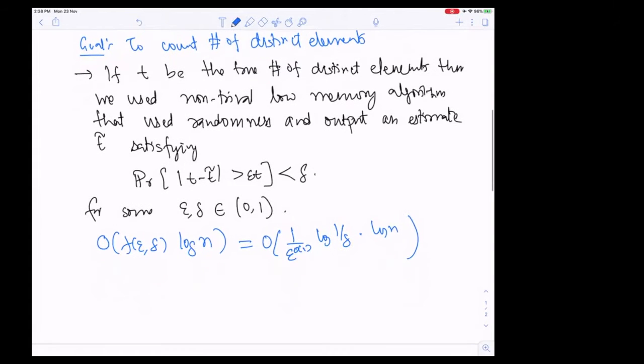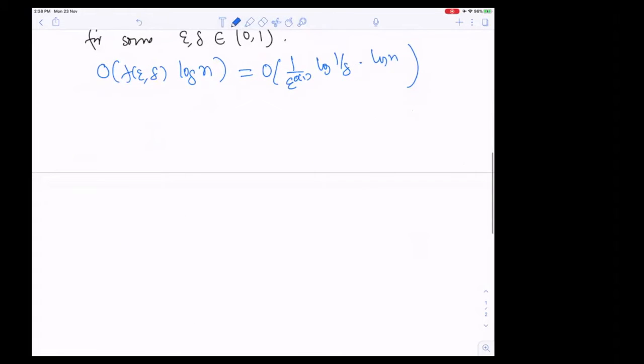Okay. Now, the two things we used. So the question we asked, okay, so there are three questions we can ask here. Do we need both approximation and randomization?